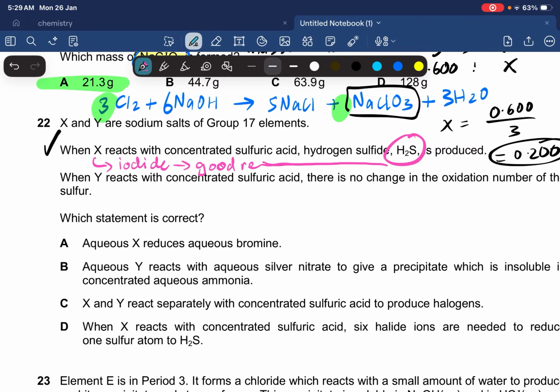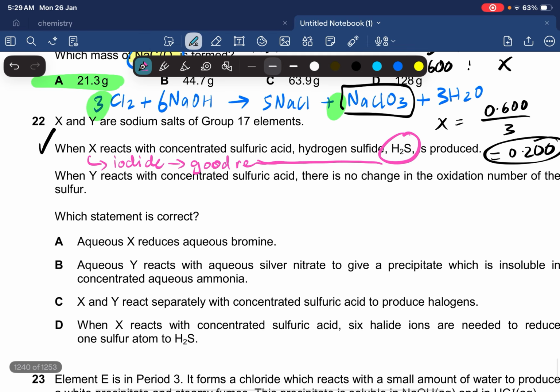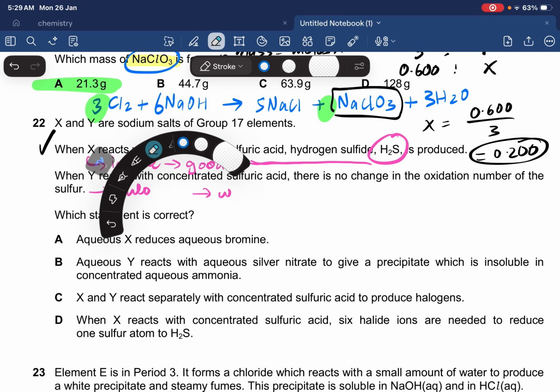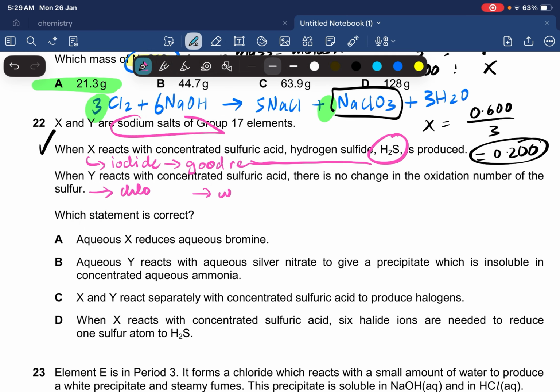When Y reacts with concentrated sulfuric acid, there's no change in the oxidation number of sulfur. Y is definitely going to be chloride, because we're dealing with sodium salts. Why? Because chloride ion is the worst reducing agent, so it cannot reduce sulfur.